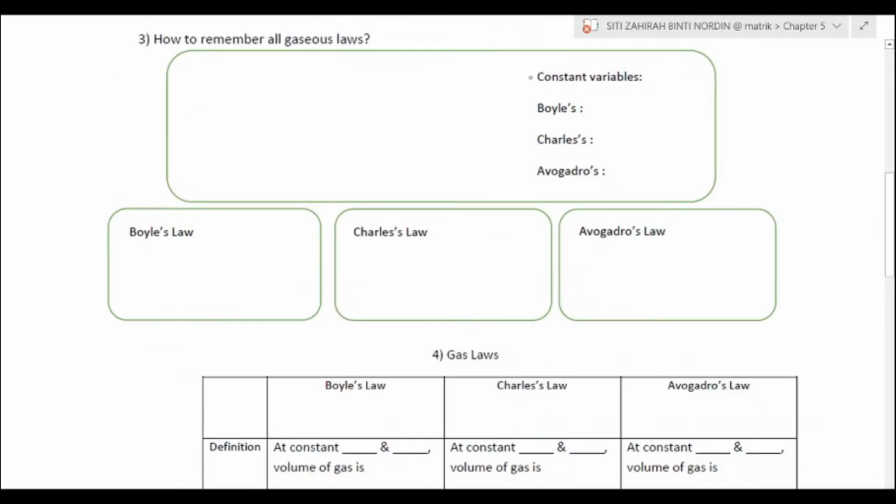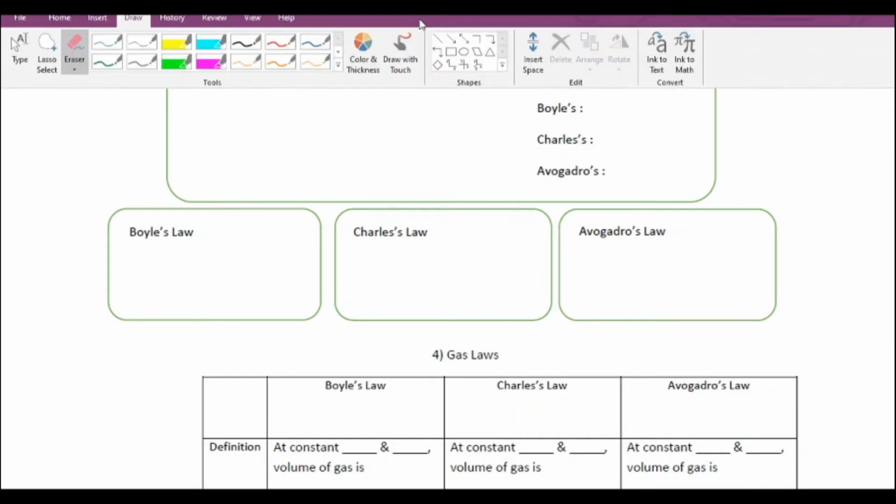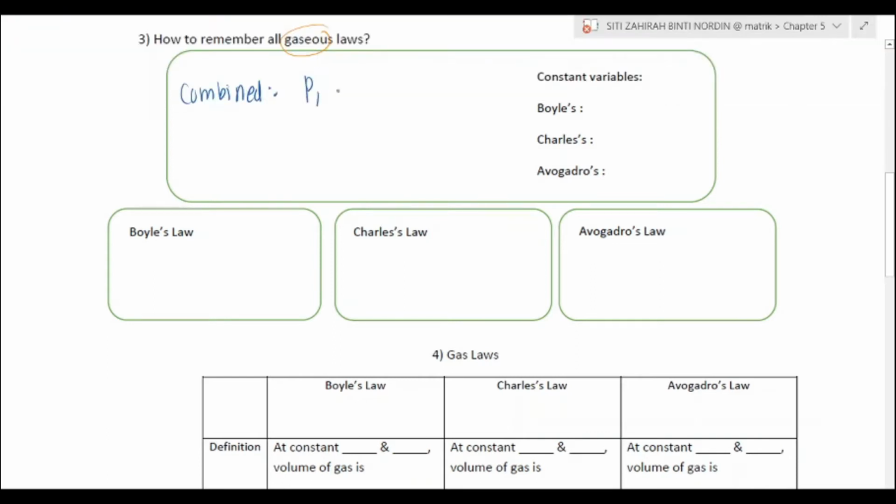The third thing in 5.1 is I want to teach you how to remember all the gas laws, which consist of Boyle's, Charles', and Avogadro's. First you only have to remember this combined equation: P1 V1 over T1 n1 equal to P2 V2 over T2 n2.